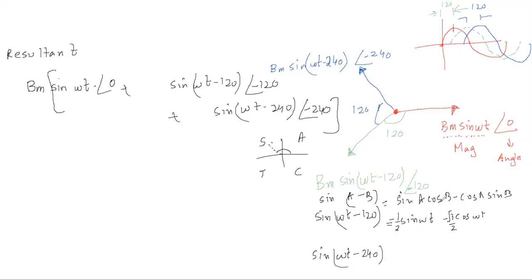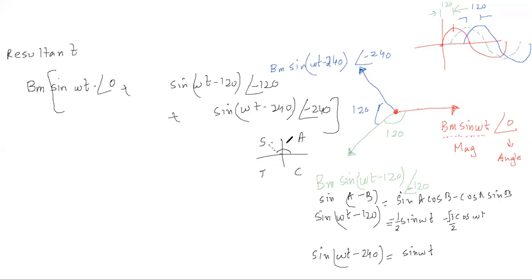Okay, so whenever cos is in the second quadrant, it will have a minus value, and when the sine is in the second quadrant, it will have a plus value, and this minus was actually coming due to the derivation. Okay, sine omega t minus 240 will be sine omega t cos 240, and 240 lies in the third quadrant.